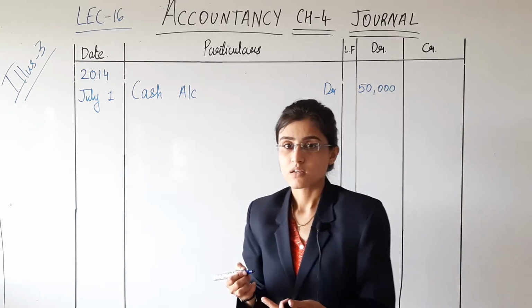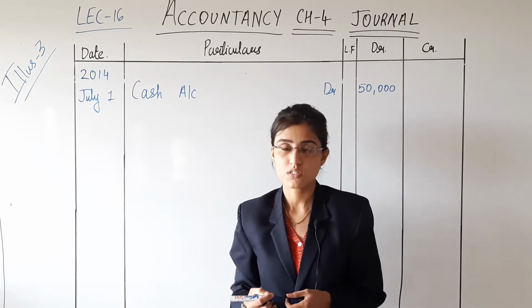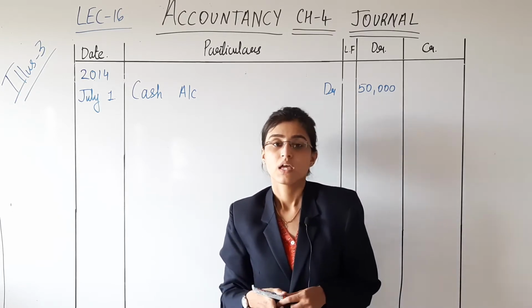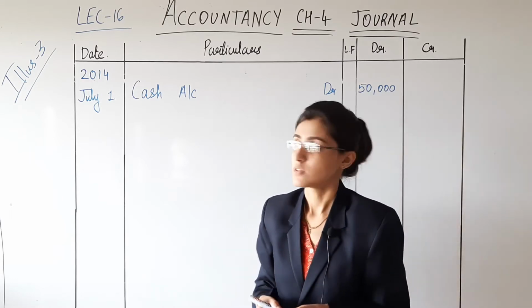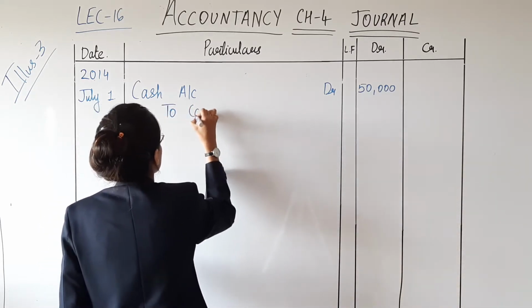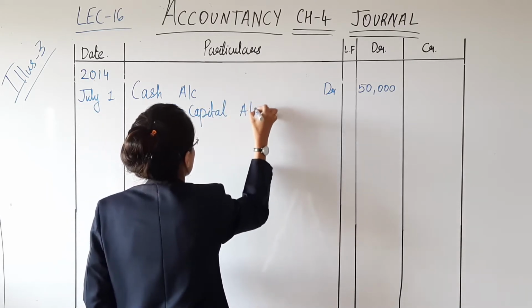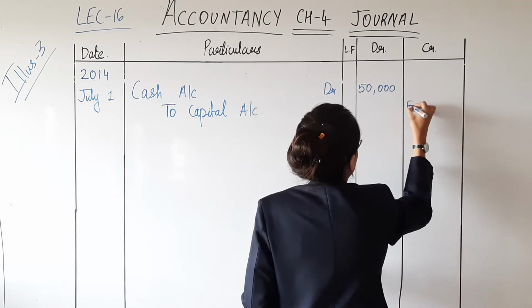And anything that the owner brings in the business, introduces in the business, is always capital. So, cash account debit to capital account, 50,000 again.